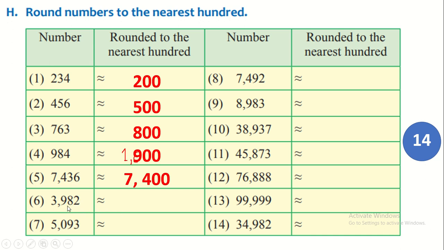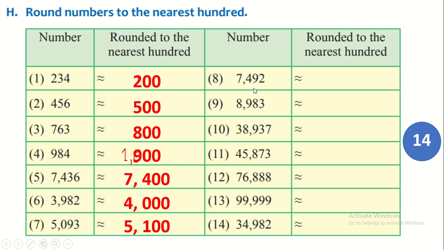If you round to the nearest hundred, it becomes 4000. Okay. Next is number 7. Number 7 here is 5093. You know, next to 0 here is 9. You round this to 5100.